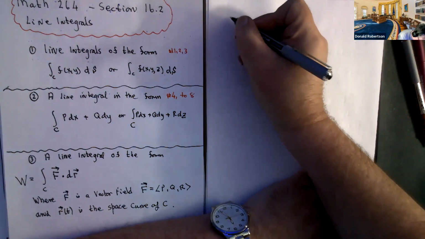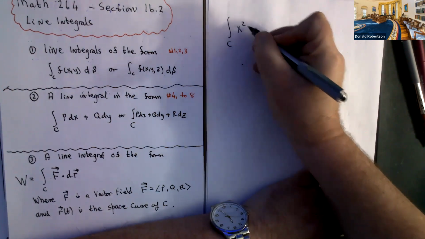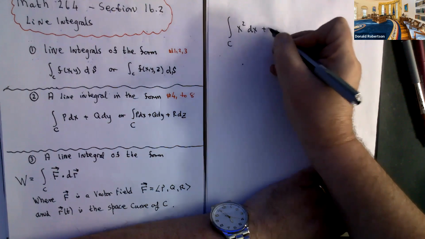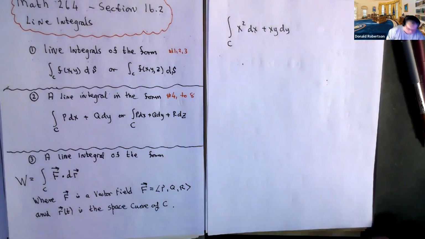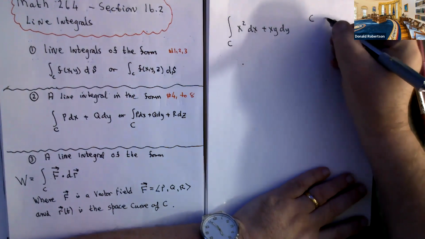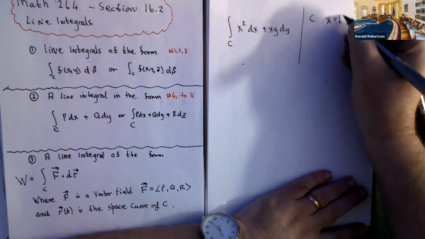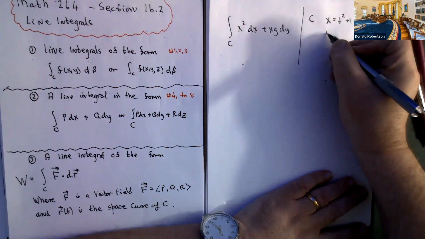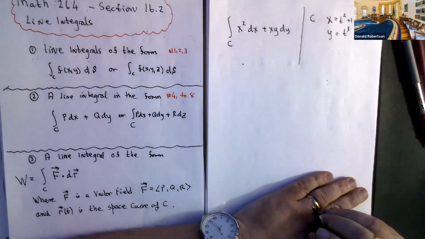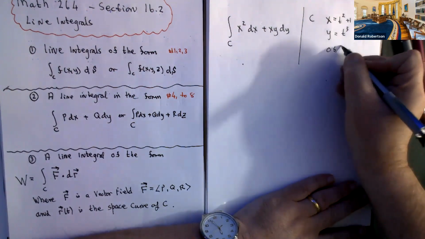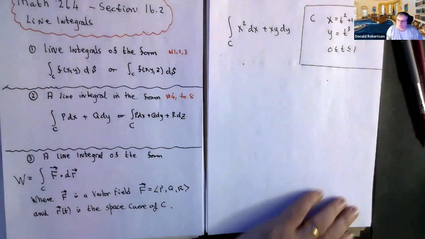So let's take, for example, I want an integral of x squared dx plus xy dy. There's a line integral. Let's say the curve C is given by the parametric equation x equals t squared plus 1 and y by the parametric equation t cubed. And let's say that t is going to go from 0 to 1. So that's all part of what you know.